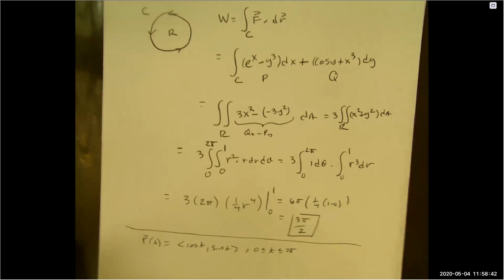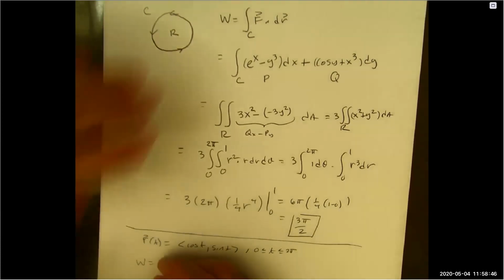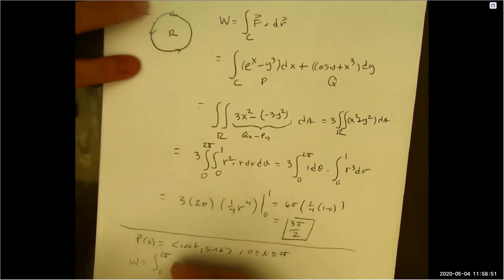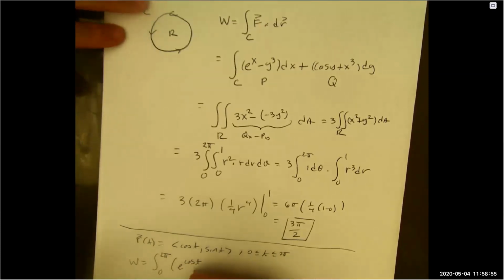And then your line integral is going to look like this. So then your work is going to be the integral from 0 to 2 pi. And then we're going to have e to the cosine t minus sine cubed times a negative sine t.